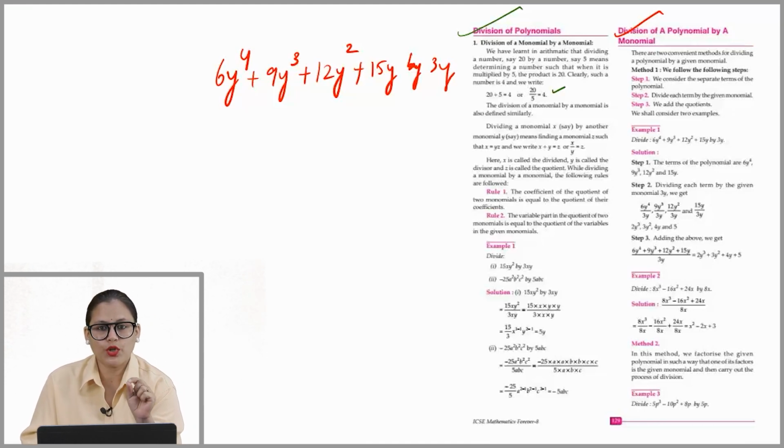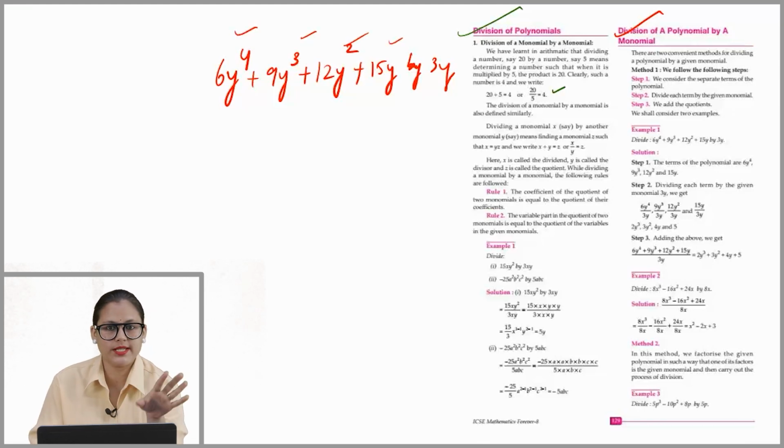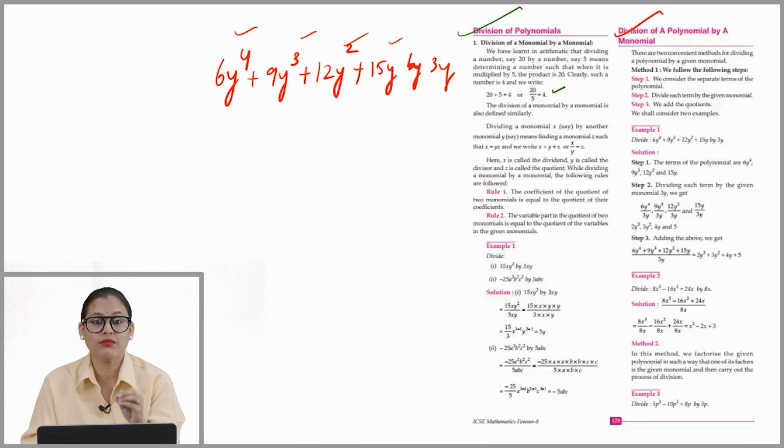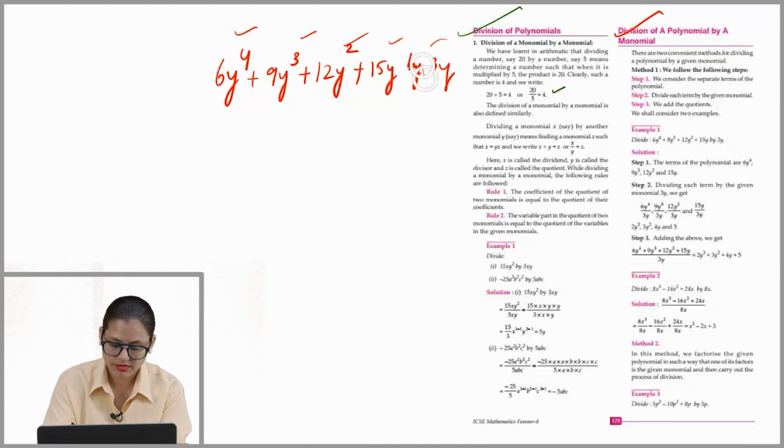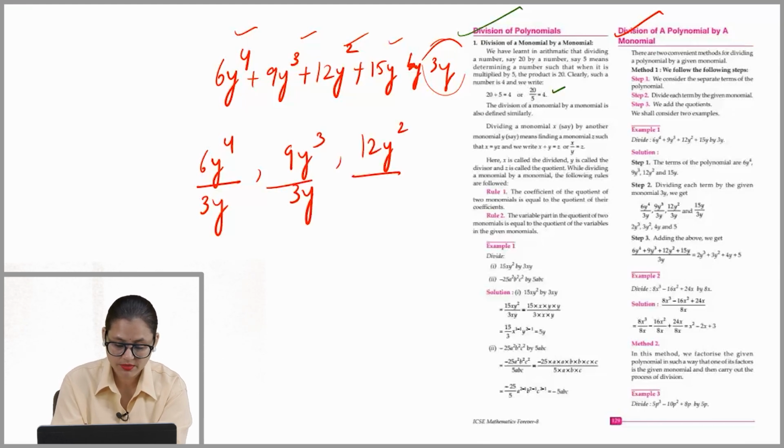The terms of the polynomial are given here: 1, 2, 3, 4. These are the terms. And step 2, we have to divide each term by the given monomial, which is 3y. So, 6y raised to the power 4 divided by 3y, then 9y cube divided by 3y, 12y square divided by 3y, and 15y divided by 3y.